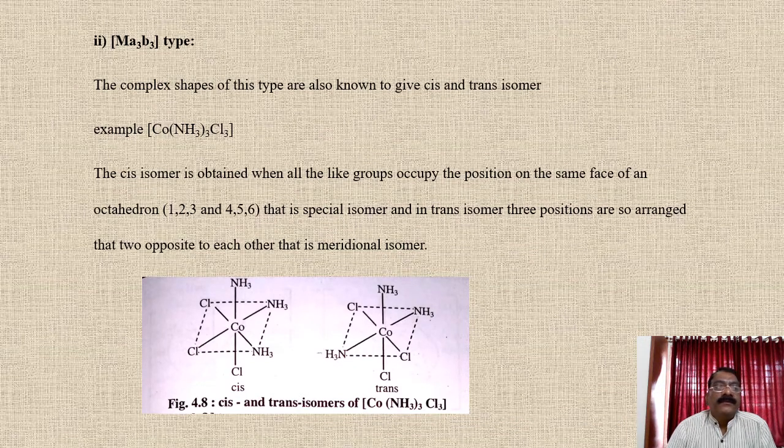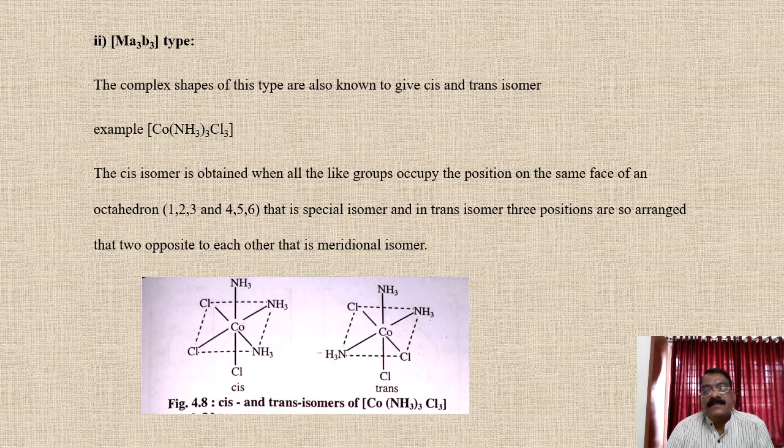See the second type, MA3B3 type. Example is [Co(NH3)3Cl3]. The cis isomer is obtained when all the similar groups occupy positions on the same face of the octahedron, 1, 2 and 3, and 4, 5 and 6 positions.